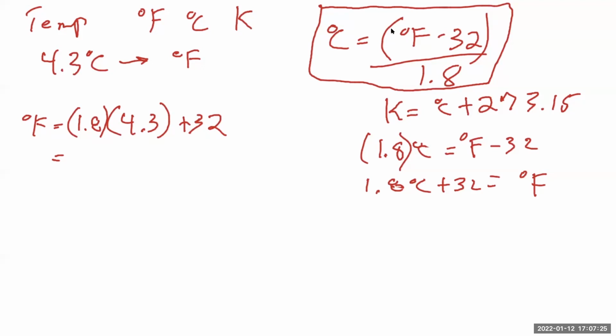That equals 39.7 degrees Fahrenheit. Okay, so 4.3 degrees centigrade is equal to 39.7 degrees Fahrenheit. And let's do 1.8 times 4.